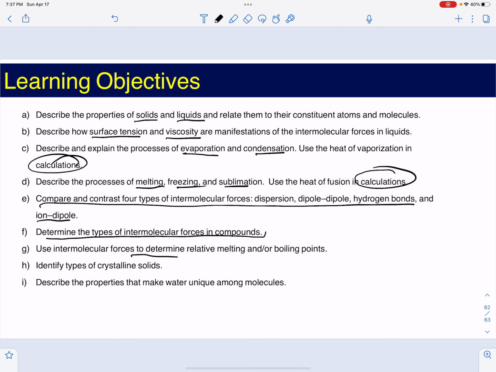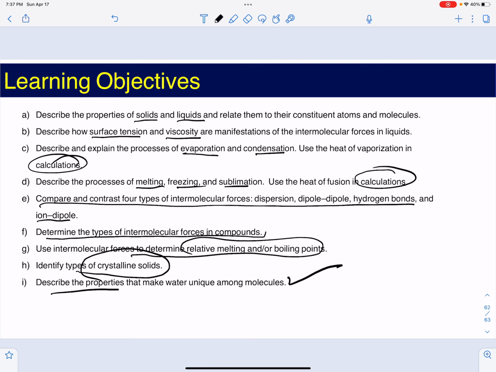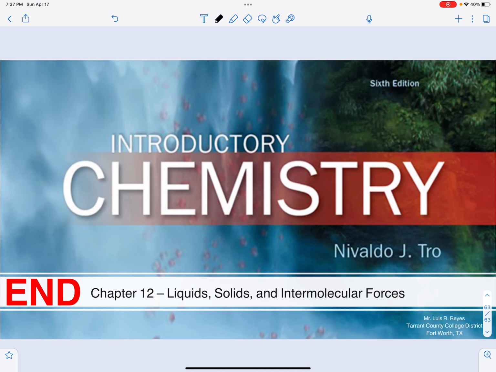And we were able to relate that to the strength or the melting point or the boiling point, and now we apply everything into solids. And this one we didn't discuss because you did a whole group discussion just on water, and you saw all the unique properties of water. And with that, we are done with this chapter.